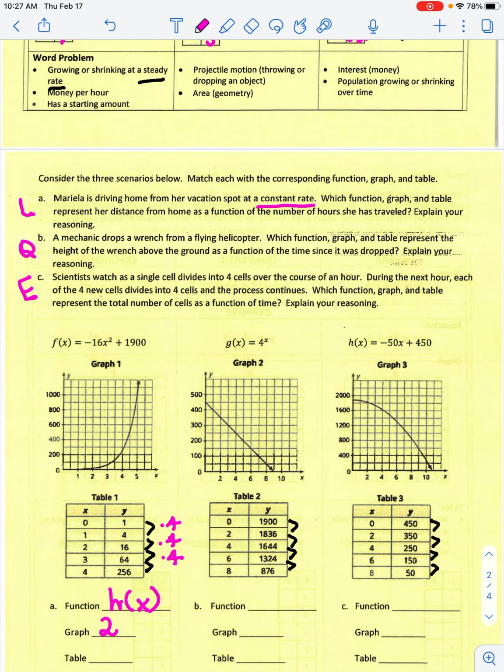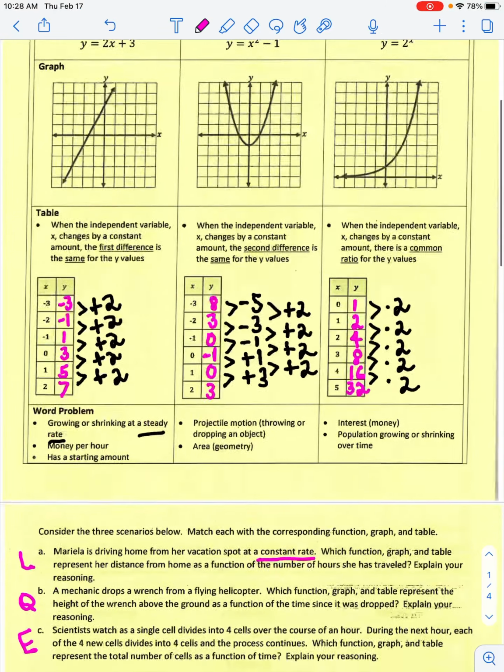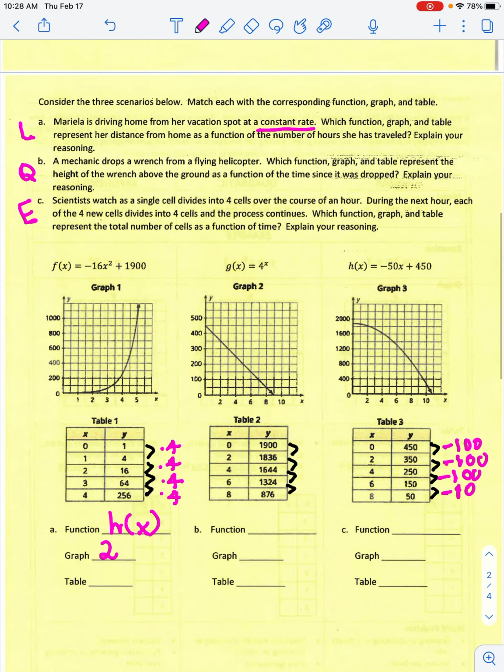That just jumps out at me as I look at those values. These values I have to subtract and are maybe a little harder to find the first difference. So I'm going to go to the third table, and 350 minus 450 would be negative 100. 250 minus 350, negative 100. 150 minus 250, negative 100. And 50 minus 150, negative 100. So my inclination there is that table 3 is the linear model.